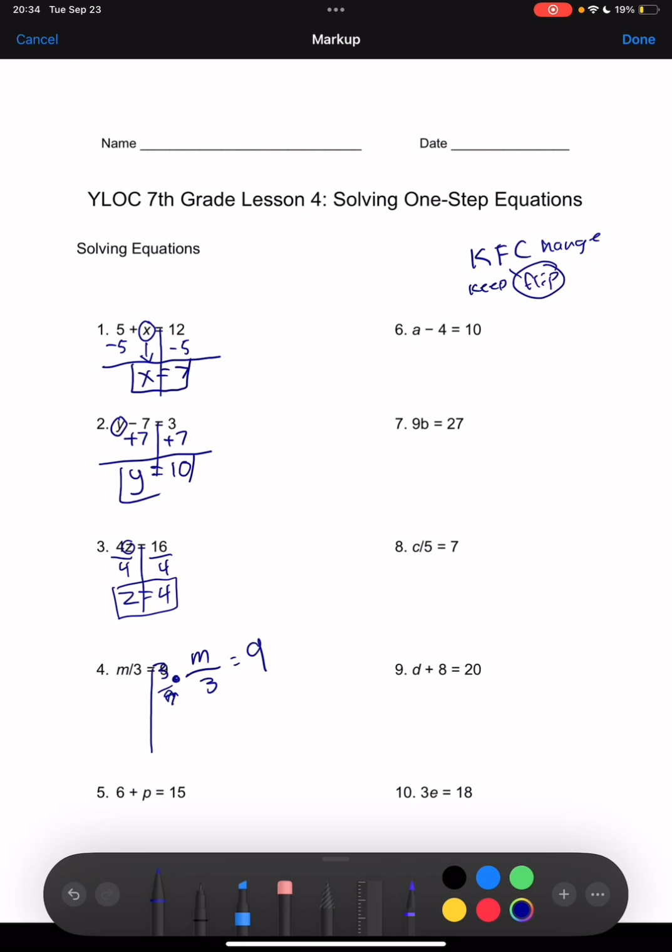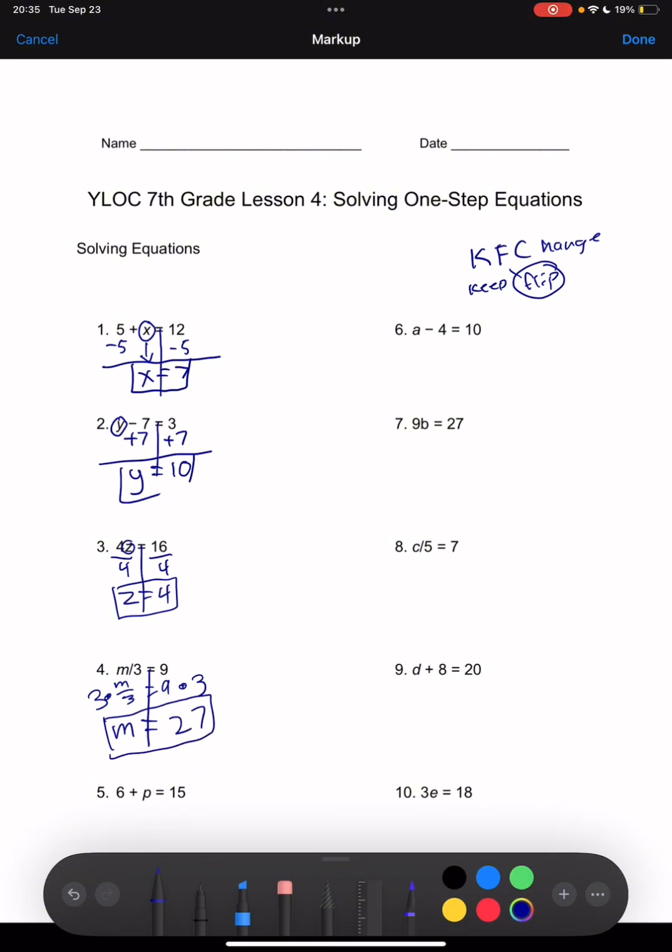Or you can just do times 3 times 3. So if you do it on here, it's going to be m over 3, 9 times 3 times 3, m is equal to 27.